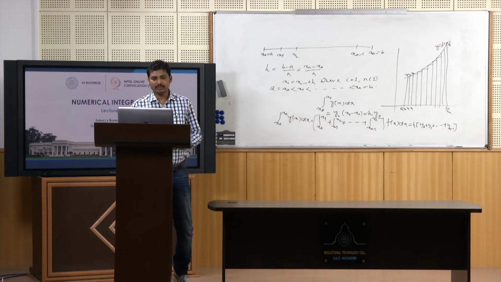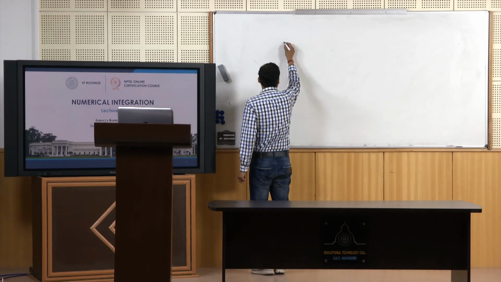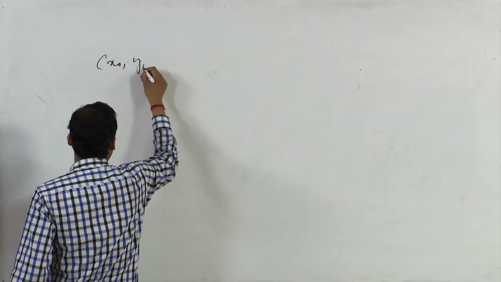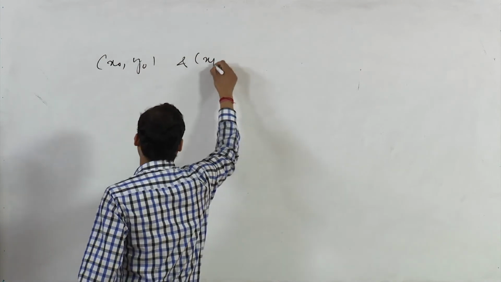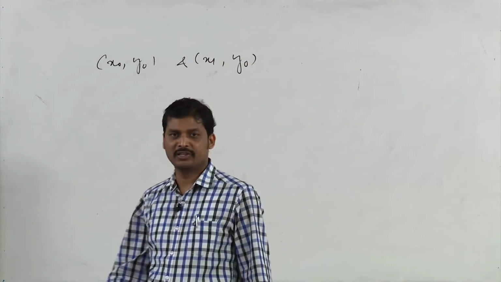So in Lagrange's formula, suppose the interval is given as x0 to x1 and it is asked to fit a polynomial passing through the points x0 y0 and x1 y0, since the functional values are the same at both these points. These functional values remain constant at both points.